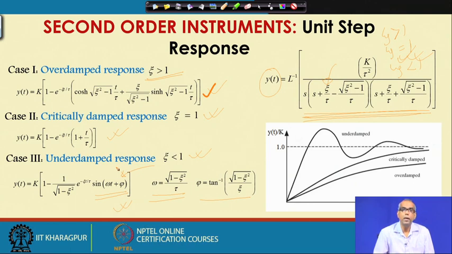So, depending on the value of zeta, we have 3 different types of responses. Accordingly, we call them overdamped instruments, underdamped instruments, and critically damped instruments.